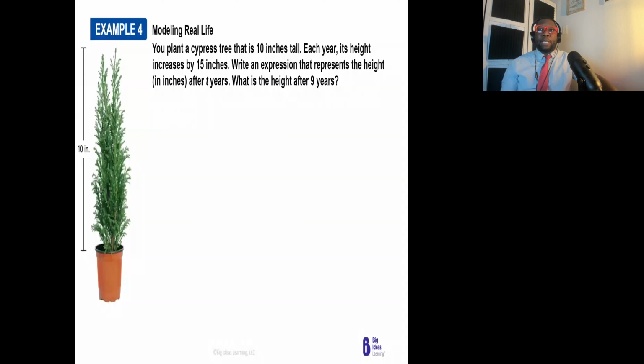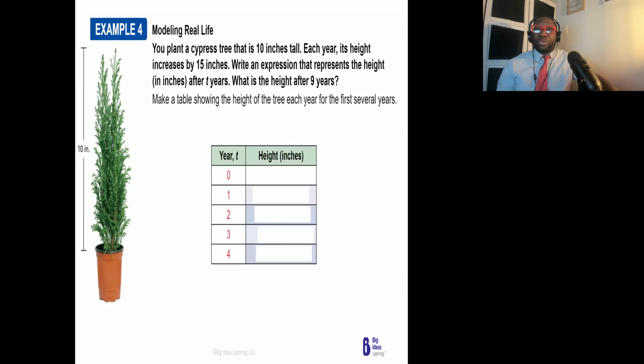Let's do one more. You plant a cypress tree that is 10 inches tall. Each year, its height increases by 15 inches. Let's write an expression that represents the height in inches after T number of years. What is the height after 9 years? Well, first off, let's make a table of the height for each of the first several years before we write our expression.